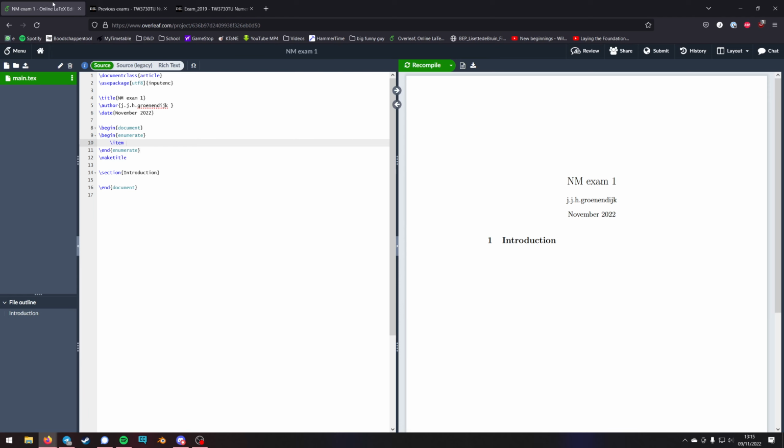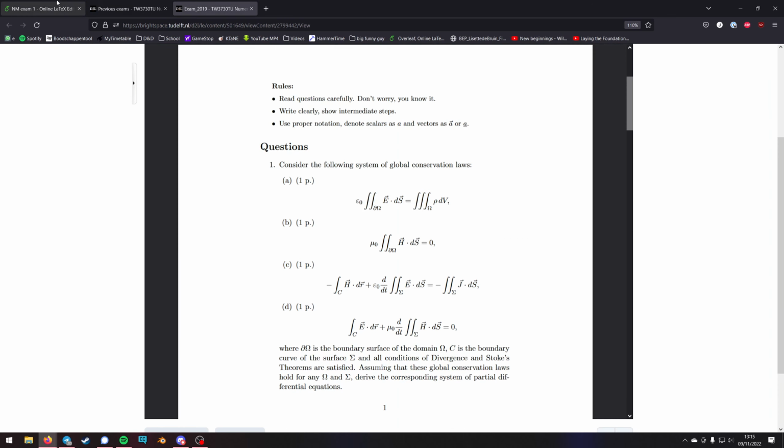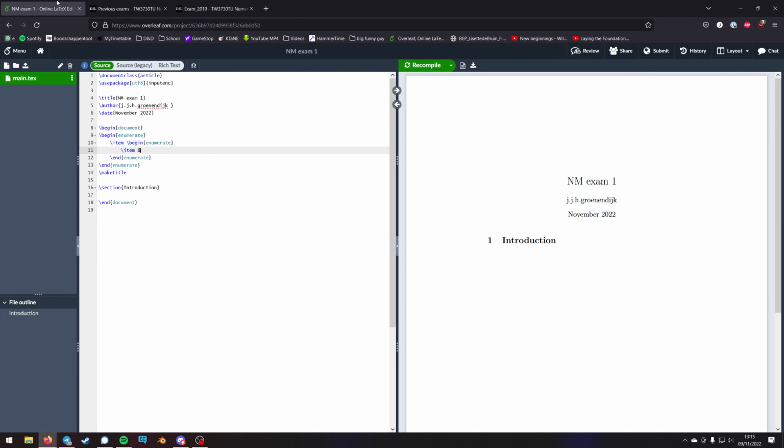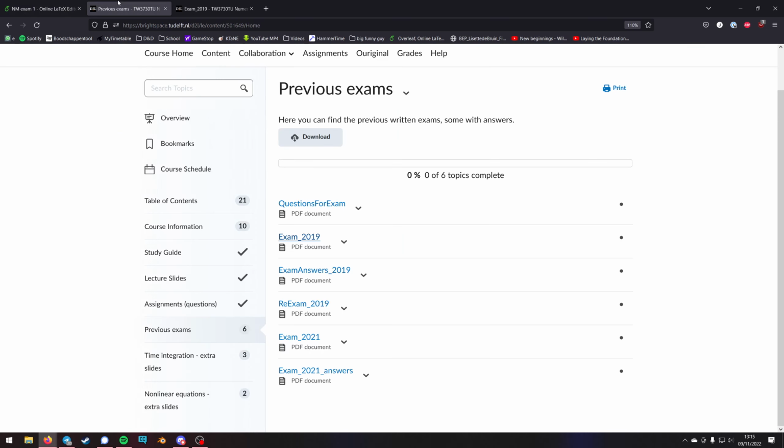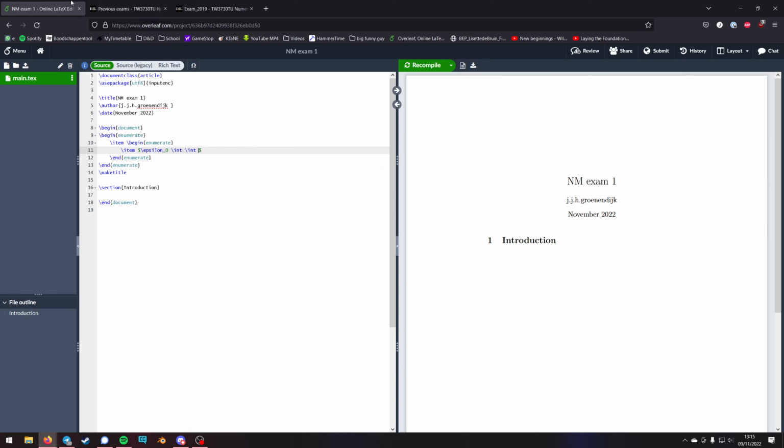Right, so this is 1. I have to get another enumerate. That's 1a. I'll just go... So it is epsilon 0 int, and it goes over delta omega.